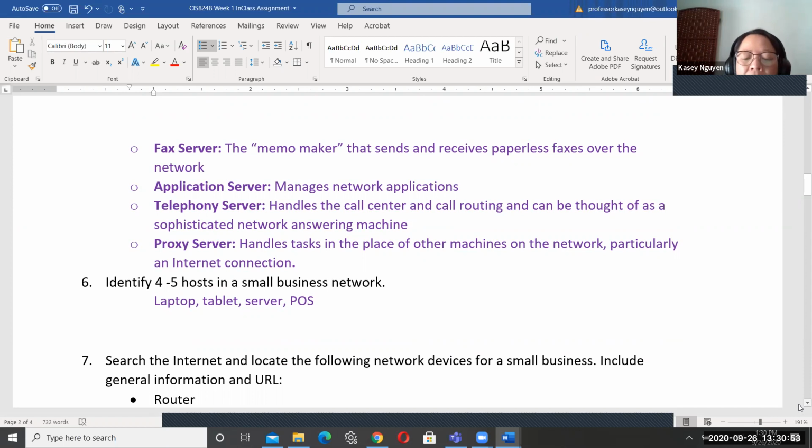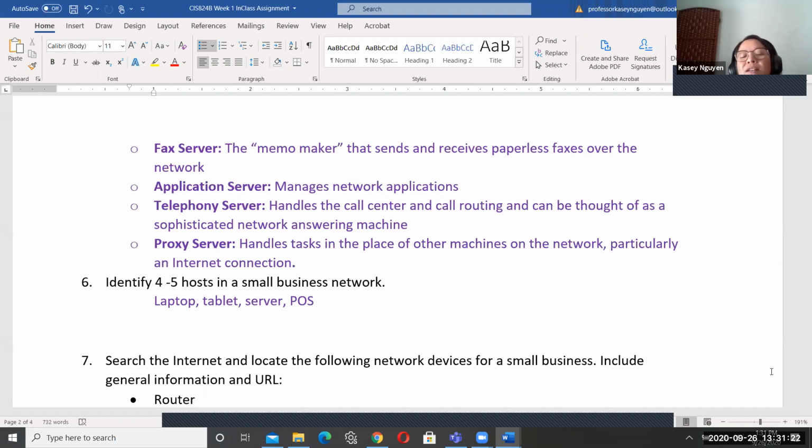In the notes, it talks about hosts. A host could be any system that you can connect to that network. I can have a tablet that's a host, a laptop that's a host, a server that's a host. I can have a point of sale system. POS stands for point of sale, where you run your credit card.